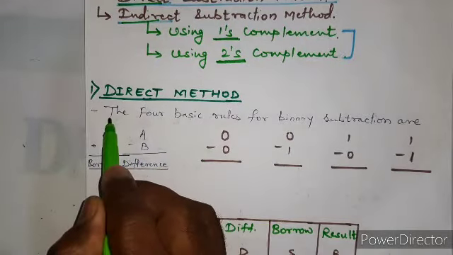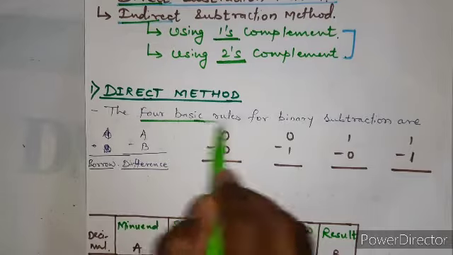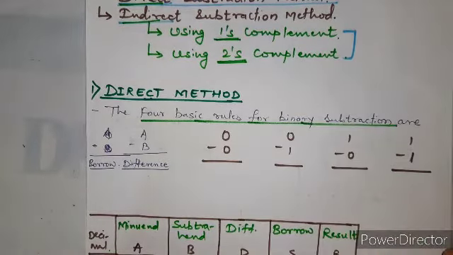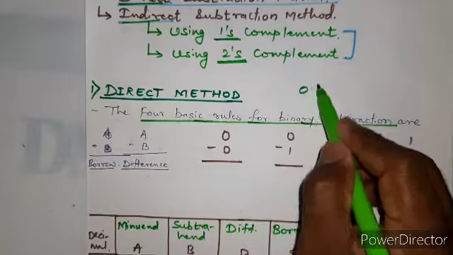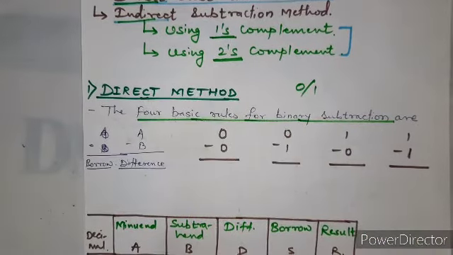Now as I said, there are 4 basic rules for this binary subtraction. Now here also everything is in terms of zeros and ones.